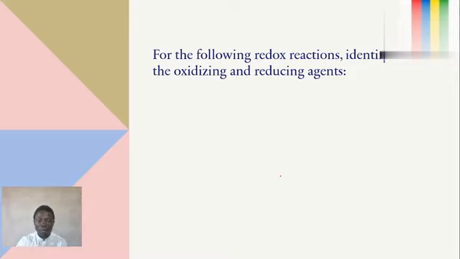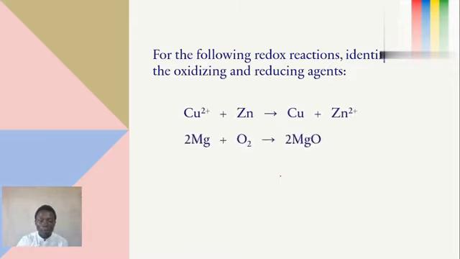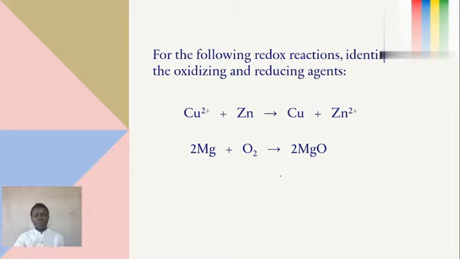We have two examples. Let's quickly explain how to determine which is going to be the reducing agent and which the oxidizing agent, based on what we have understood so far.